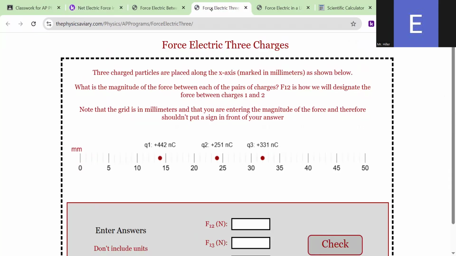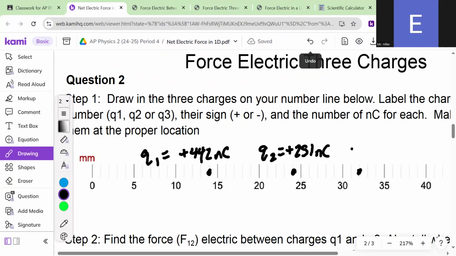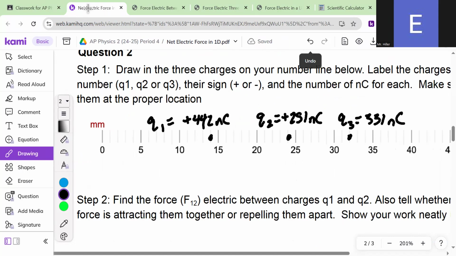And my Q3 is 331 at 32. 331 nanocoulombs. Okay, so let's kind of map out some distance here. The distance between 1 and 2 would be 1, 2, 3, 4, 5, 6, 7, 8, 9, 10 millimeters, which you will convert to meters later on.